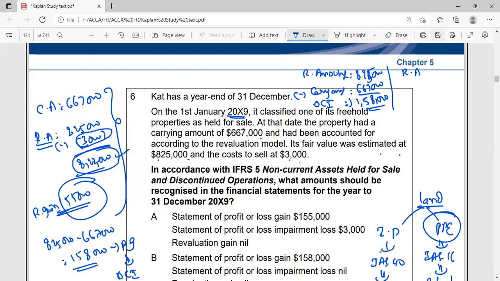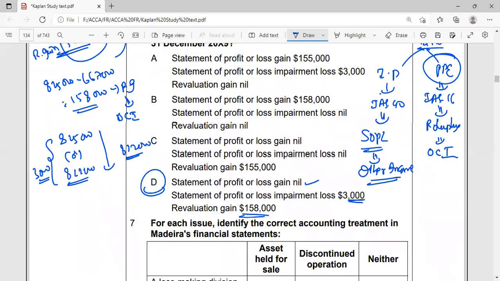Either the revalued amount, which itself is the carrying amount in case of the revaluation model, or NRV, whichever is less. What is the NRV? Revalued amount less cost to sell, so 8,25,000 minus 3,000. So 8,25,000 or 8,22,000, whichever is less, 8,22,000. Then the difference, 8,25,000 minus 8,22,000, 3,000, is treated as impairment loss and is transferred to the statement of profit and loss.